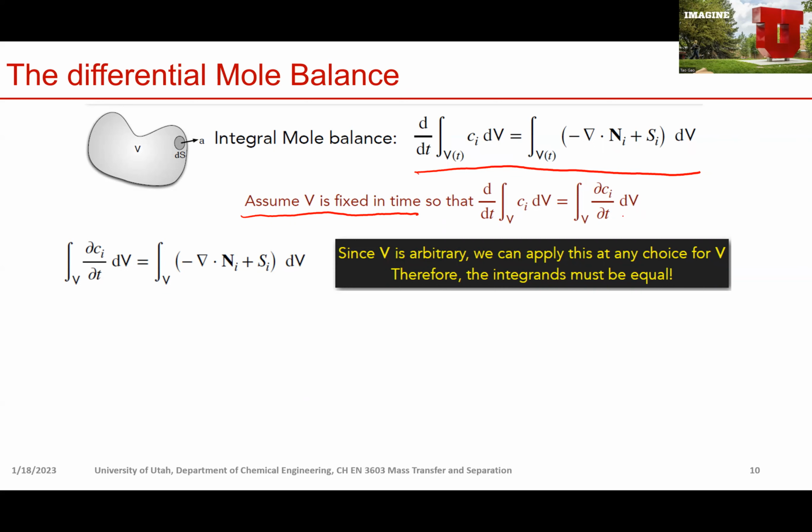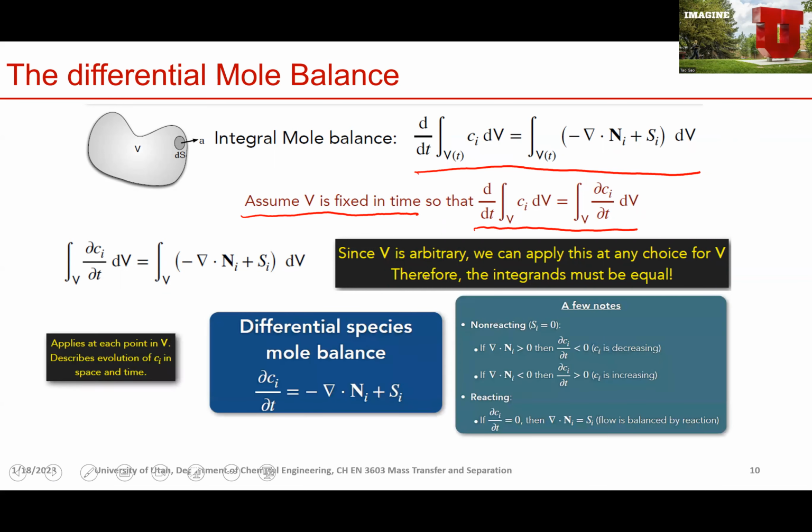And because V is arbitrary, in order for this equation to hold, remember, we can change V whatever we want, the integrand must be equal. Then we can simplify this equation to this. This is the so-called differential species mass balance.